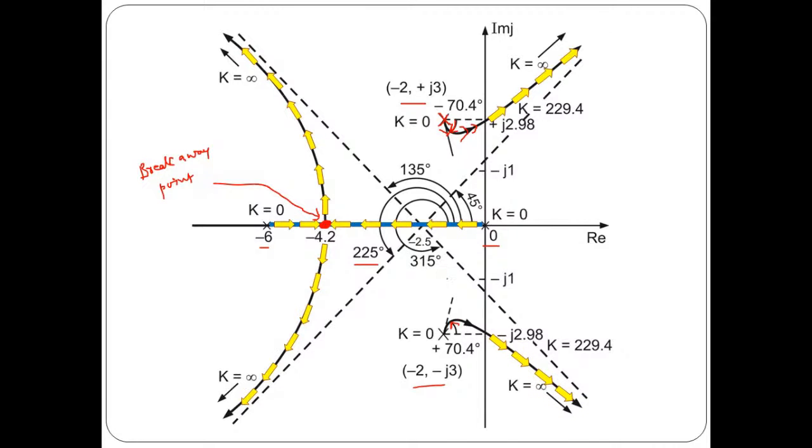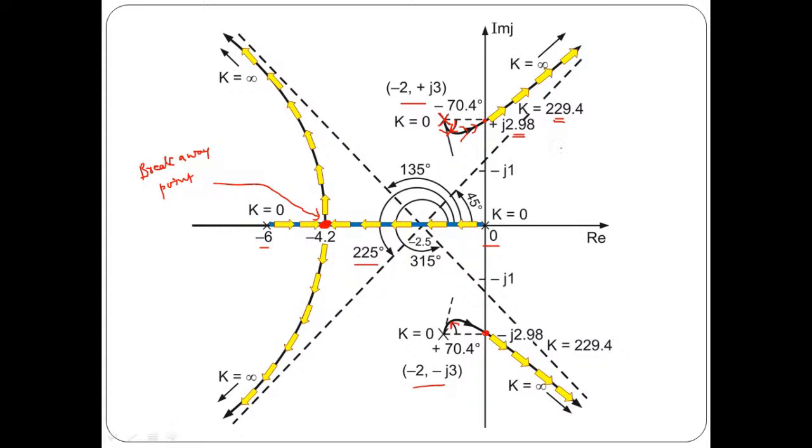And then another branch will start its journey from minus 2 minus 3j, and it will move towards this. And this is nothing but the point where the system is going to be marginally stable, and the value of s corresponding to this is plus minus 2.98j. This is very important.